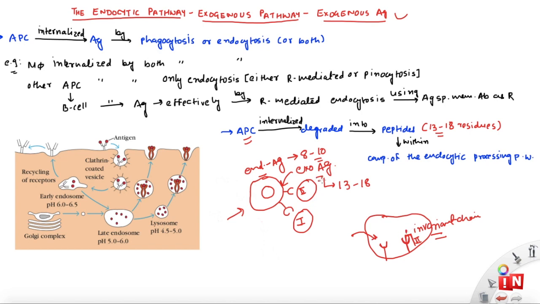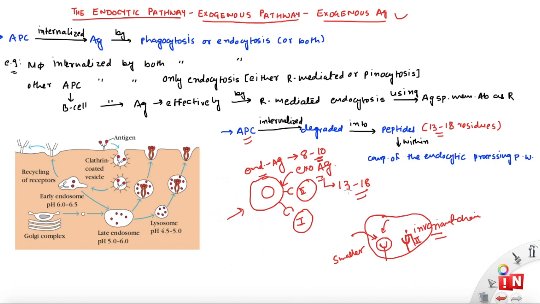But in case of exogenous antigen, the same thing could happen. It could go and bind to MHC class 1. That is where the size of the peptide is very important. The cleft of MHC class 1 is meant only for endogenous antigen, so the cleft is smaller. It can take up a peptide of maximum 10 residues.